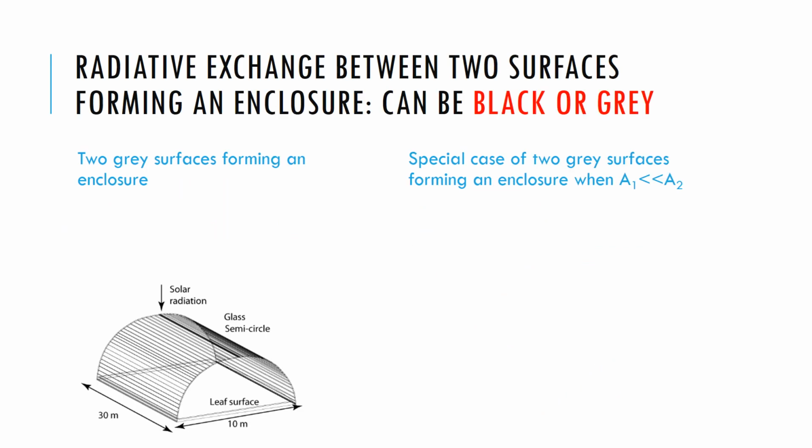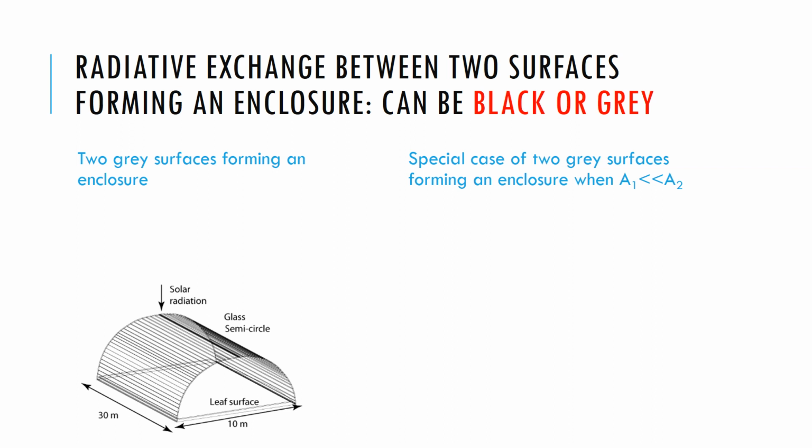We will now try to extend the formulas to gray surfaces, where there are reflections and absorptivity or emissivity are not equal to 1. But as I said, things get complicated with reflections. So the only case we can do in this simplified radiative heat transfer class is a two-surface enclosure.